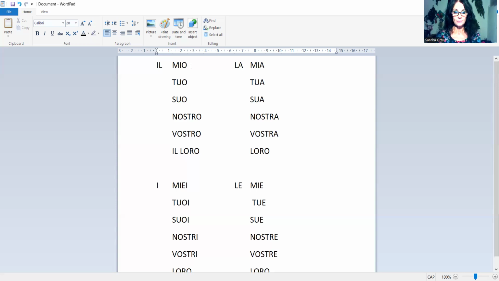Now, another thing that is important is that, unlike English, the possessive refers not to the person who owns something, but to what the person owns. Let me explain it. The difficulty, or the little issue, comes especially, not only, but especially when we're talking about the third person. So it probably takes a little more time to get used to this.